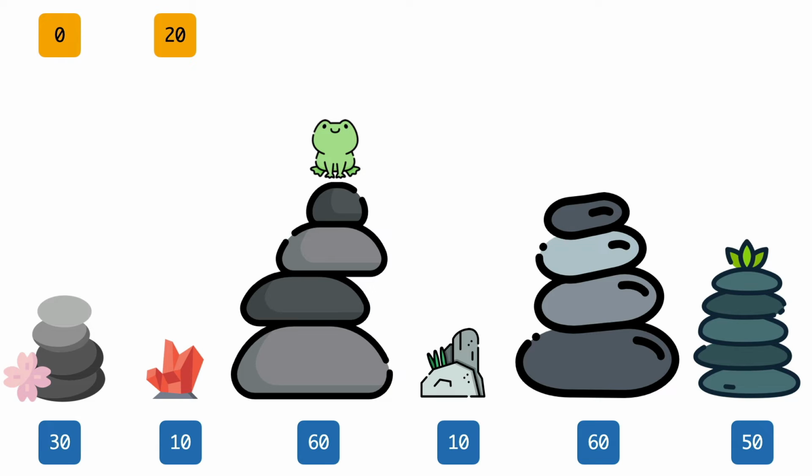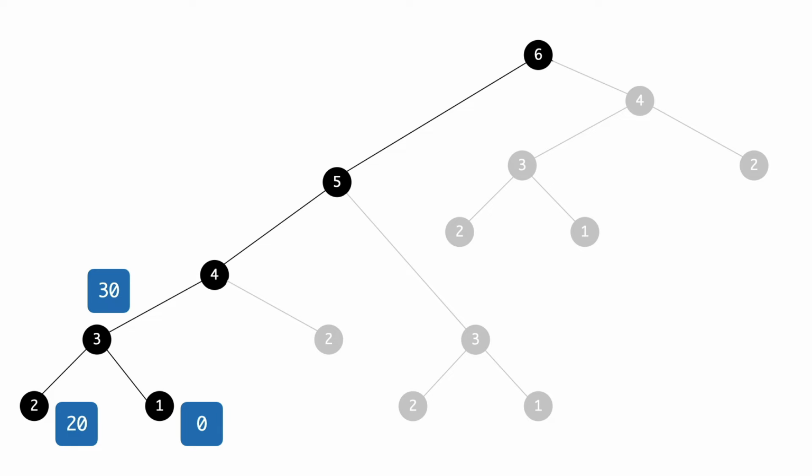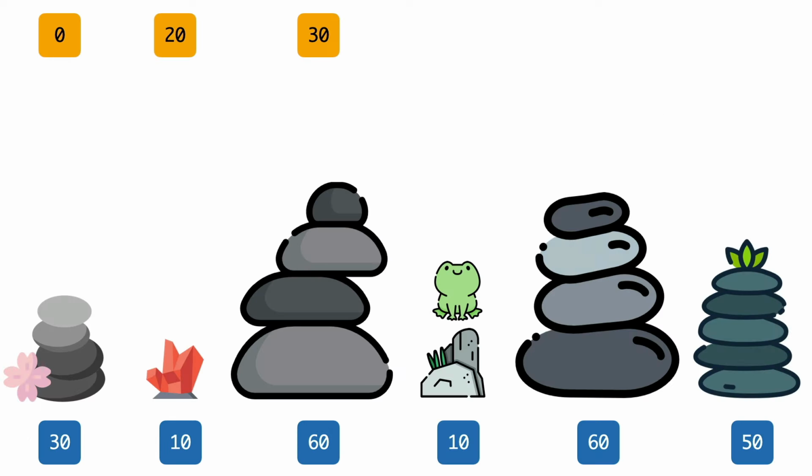So the final answer is the better of the 2 options between 50 plus 20 and 30 plus 0. Here 30 plus 0 is the clear winner. So we are going to report 30 back to the calling function, which is trying to figure out the answer for when there are 4 stones.